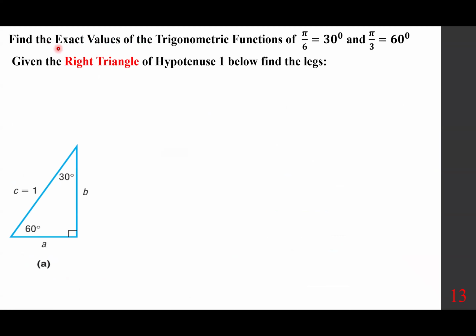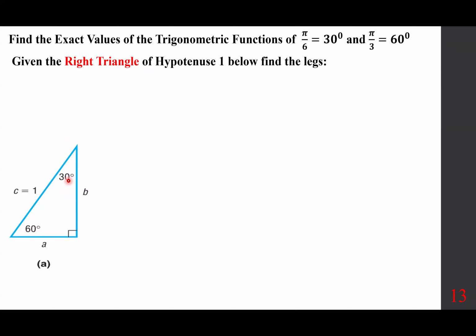Find the exact values of the trigonometric functions of pi over 6 or 30 degrees and pi over 3 or 60 degrees, given the right triangle of hypotenuse 1 below. So we can use this idea to handle the answer. So we have a right triangle. This side is 1. This angle is given as 60 degrees.